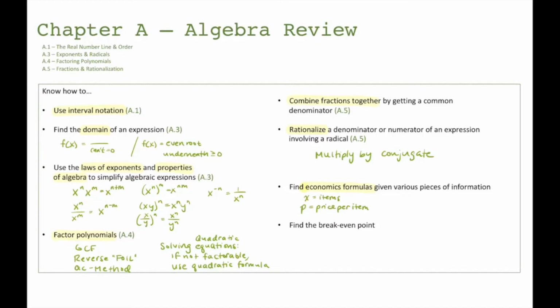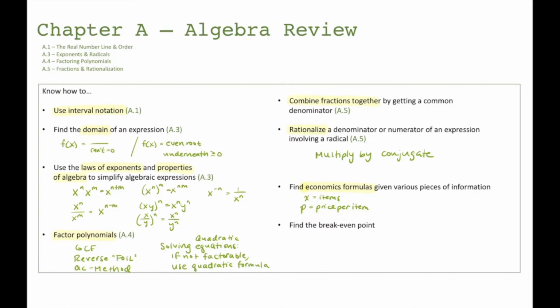Not really any formulas for x ever, but for p, price, you might need to find that. We'll discuss this in Chapter 1, but it involves finding an equation of a line using the point-slope formula and finding the slope if you're given two prices at different item numbers. So this may be given to you, or you might need to build this kind of function.